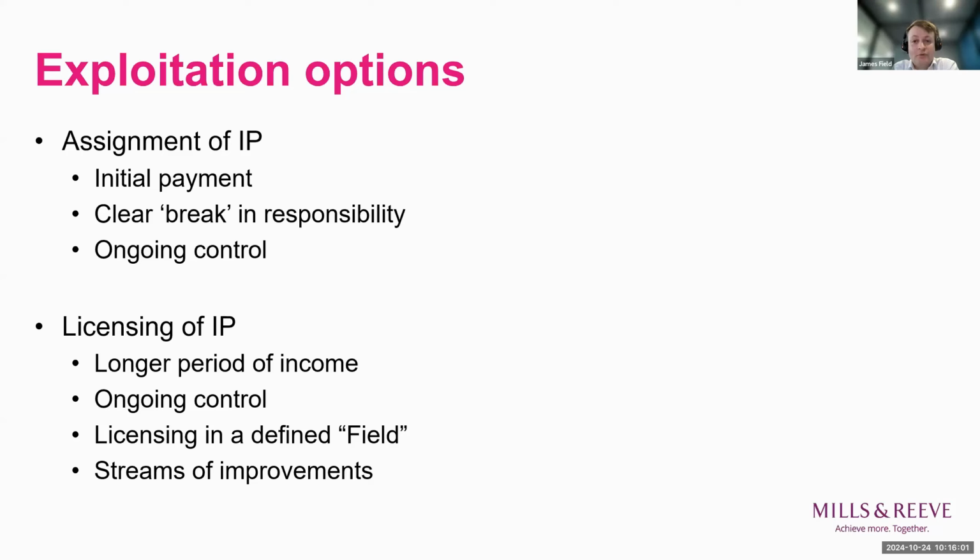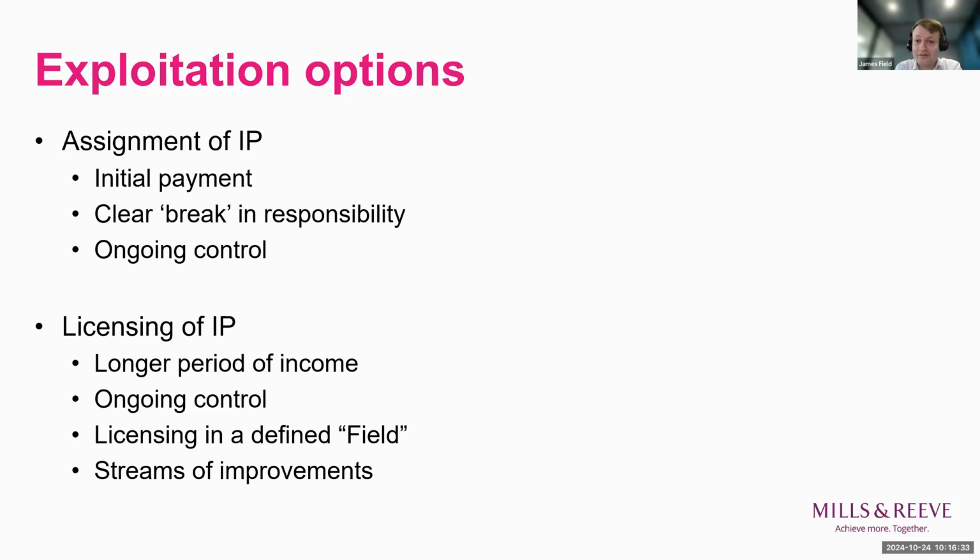Another option, which is more readily available to the university in the licensing model, is to grant the subsidiary a right to exploit the IP in a defined field. By holding on to the ownership of the IP, the university is allowing the subsidiary to exploit the IP in a particular field, but at the same time it's retaining the right to exploit the same IP in other fields.